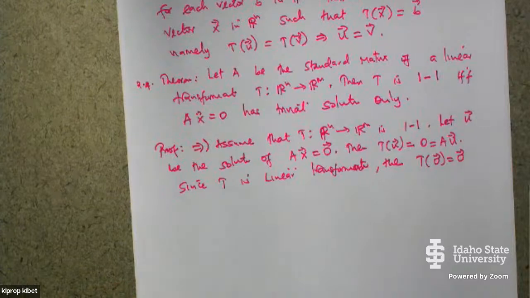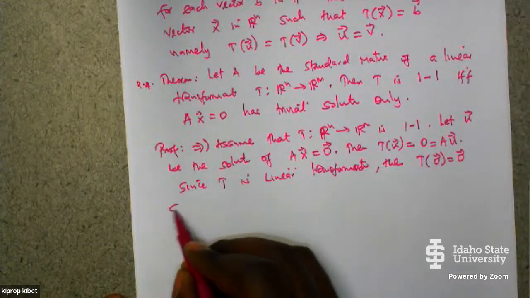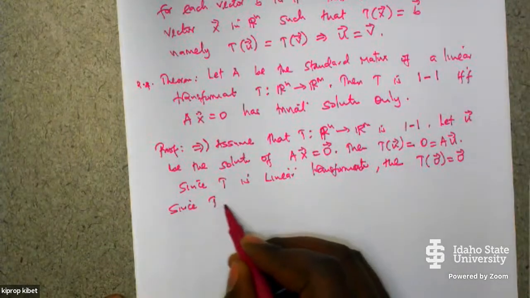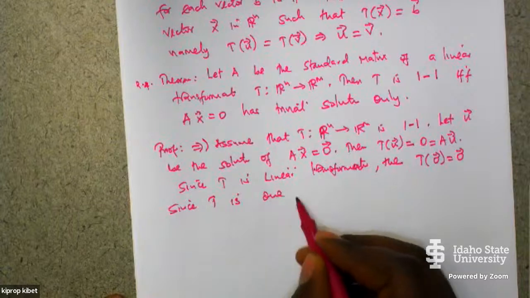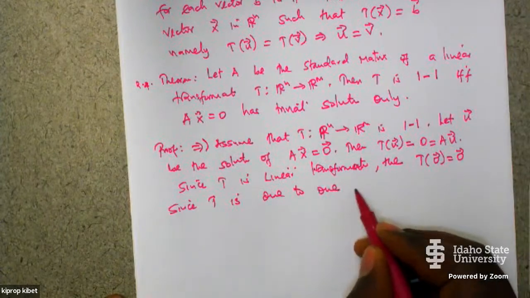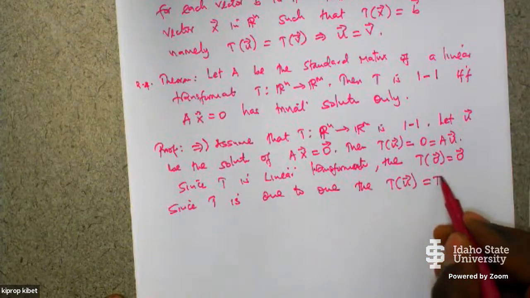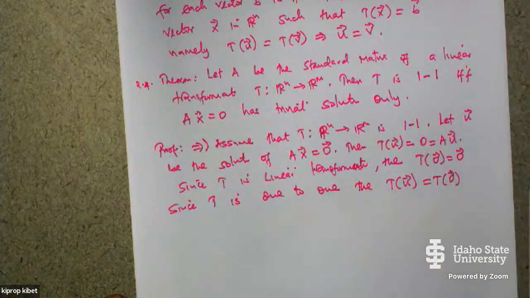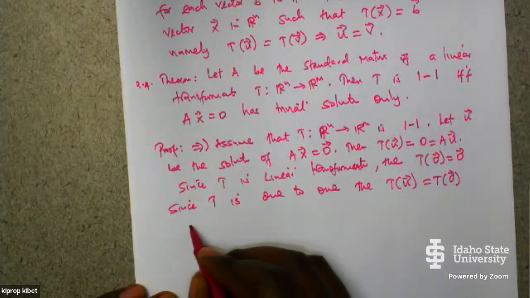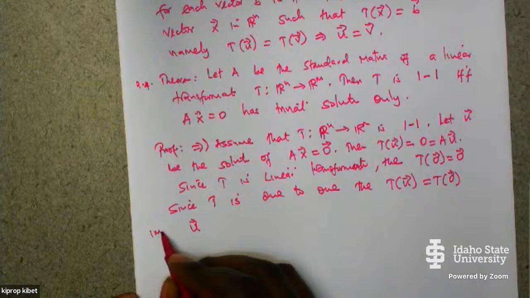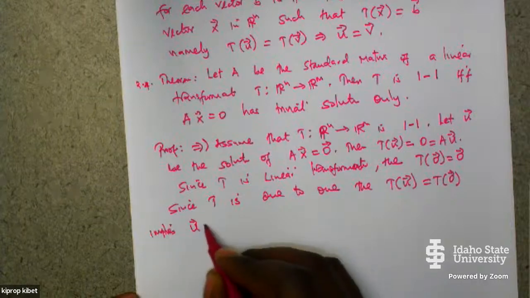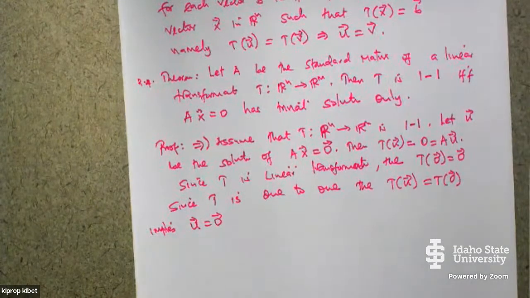Therefore, since T is 1 to 1, T of u equals T of 0. This implies that u equals 0.